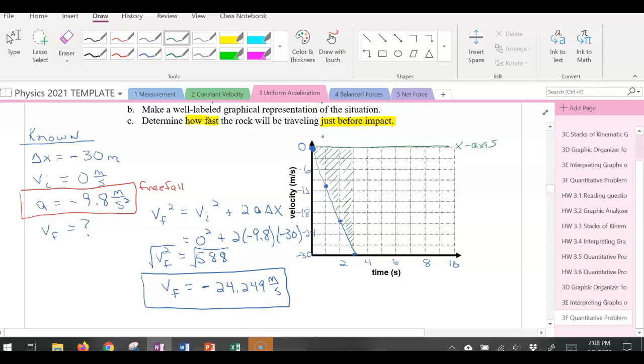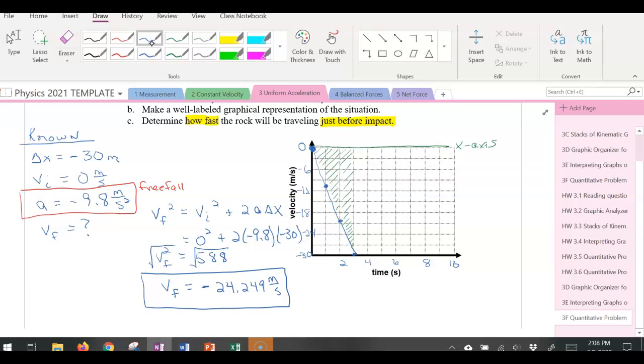So I would have to do some iteration: what if time was 1 second, and what would that area be? Then what if time was 2 seconds, what would that area be? And so on. It would be fairly difficult to work your way into the answer, but you could do it. So this is a good example where the equations make it much easier on you.